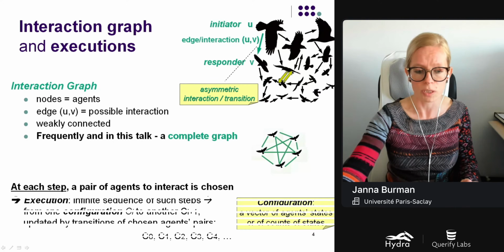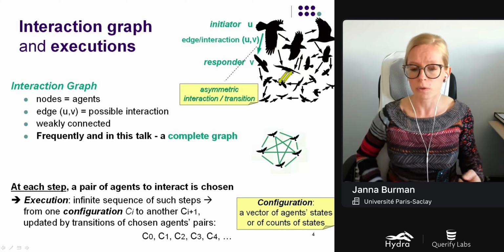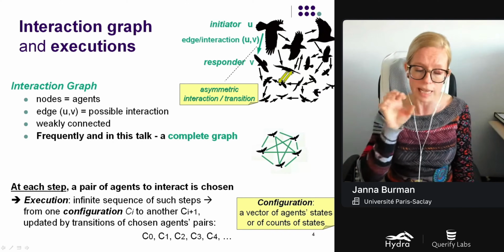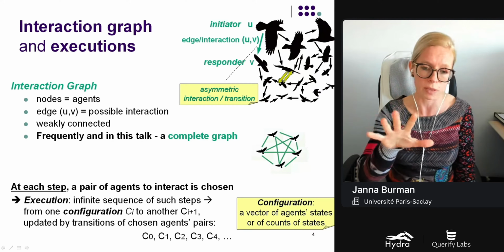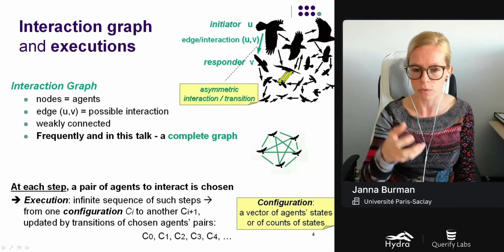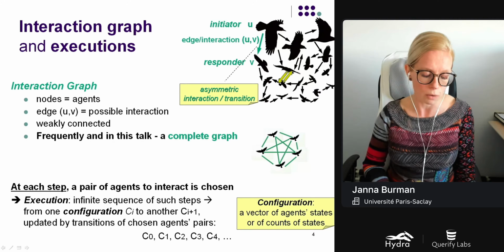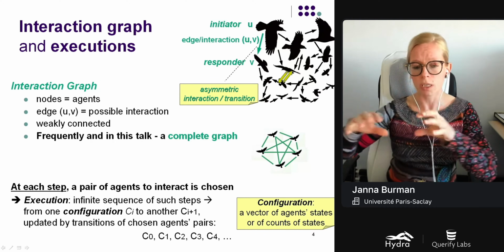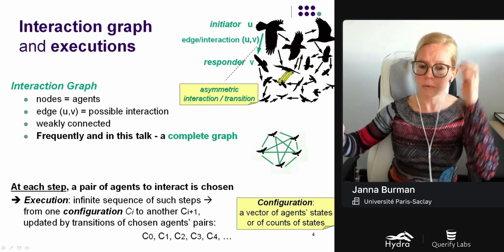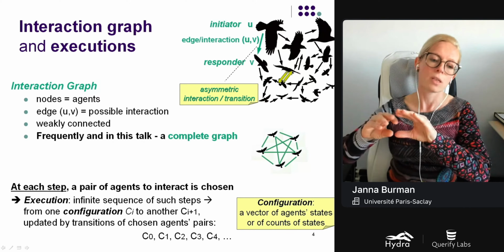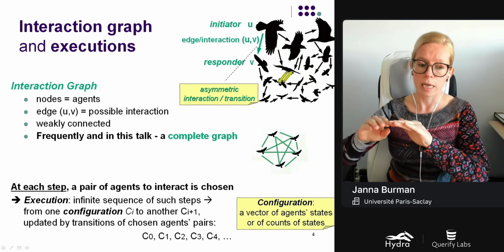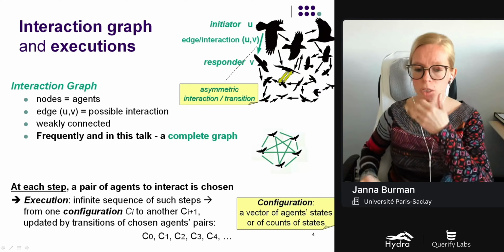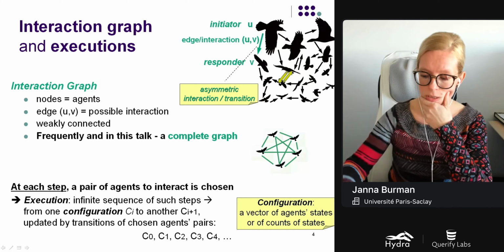So in particular, we can see that the configuration of the system changes. And I didn't say what a configuration is, but a configuration is defined as a vector of agent states. Okay, so this is like a snapshot of what we have in the system, all the values of all our nodes, of all our agents. Yeah, so the execution is this infinite sequence of configurations, which are updated by the transitions of the chosen pairs of agents.